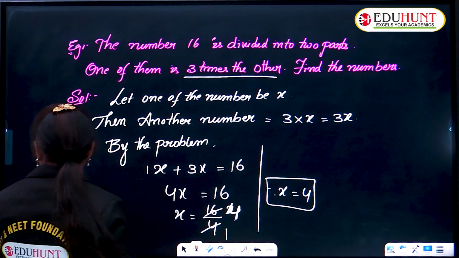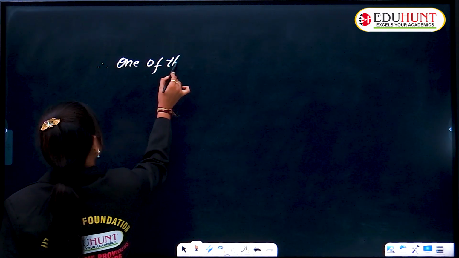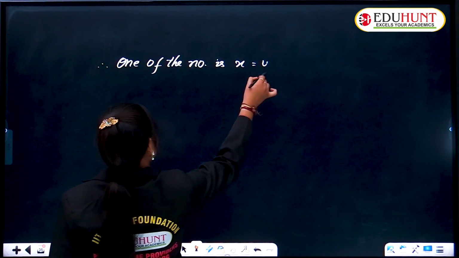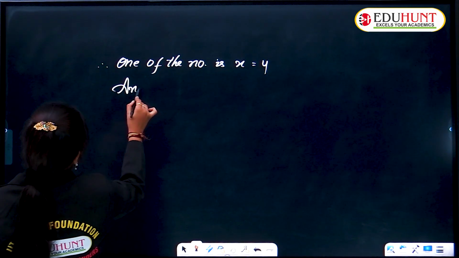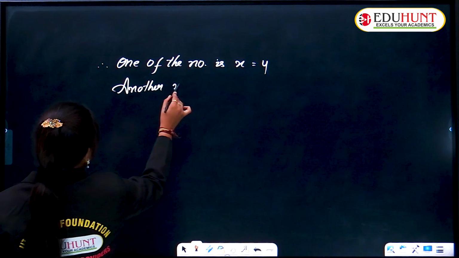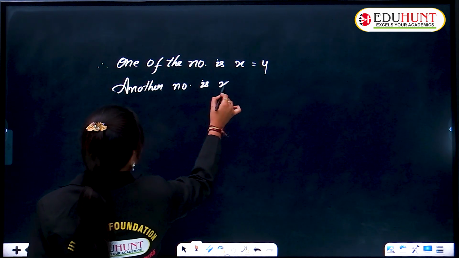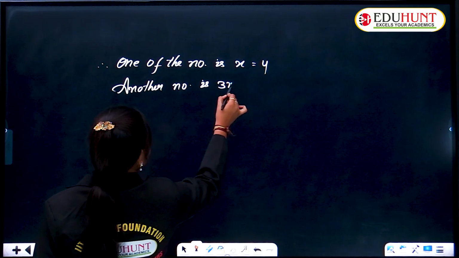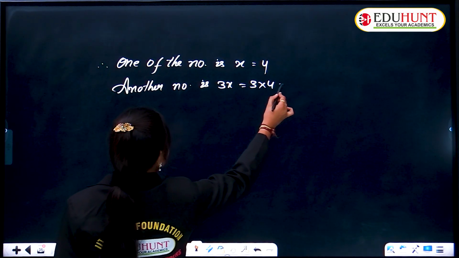Okay, then see that, therefore, one of the numbers is x is equal to 4. Another number is, what is that another number? 3 times of x, no? 3x, which is equal to 3 into 4 is equal to 12.